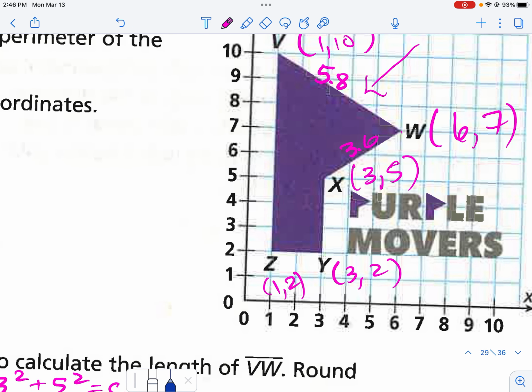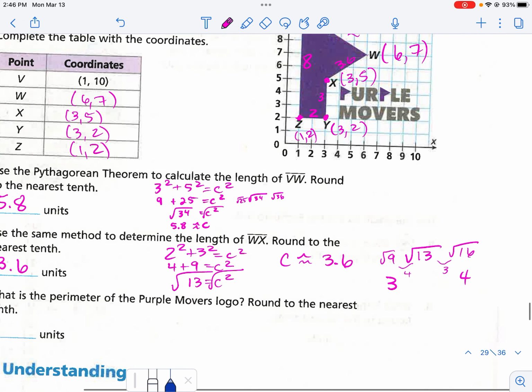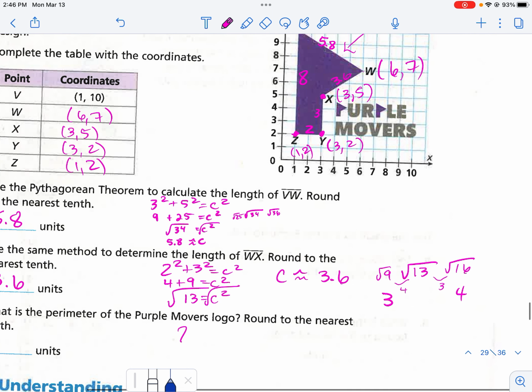So from V to Z, we go from 2 up to 10, so that's 8 long. From here to here, that's 2 long. From here to here, that's 1, 2, 3 long. So now all we have to do is add up all of those. So we have 8 plus 2 plus 3 plus 3.6 plus 5.8.